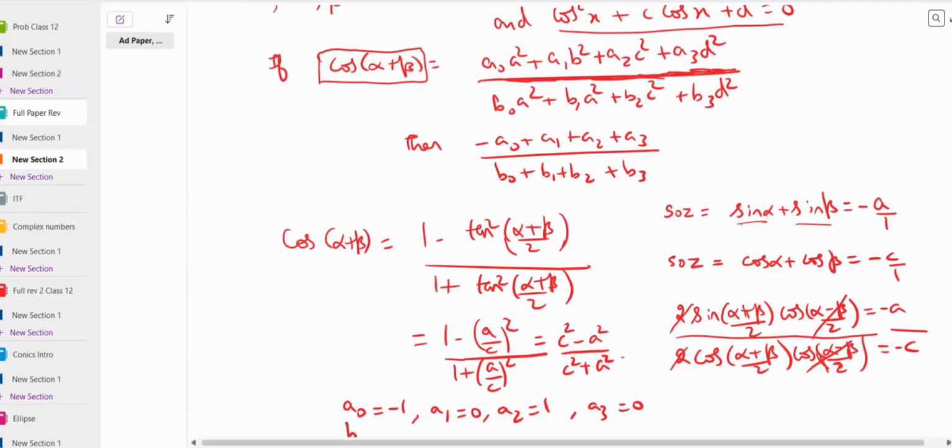Similarly, in the denominator, b₀ is 1, b₁ is 0 since b² is not there, b₂ c² is 1, and b₃ d² is not there, so 0. You have all the values of the variables. Substituting in the final form, your answer is going to be 1.